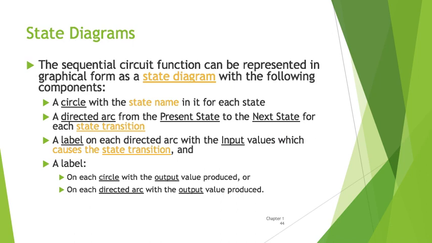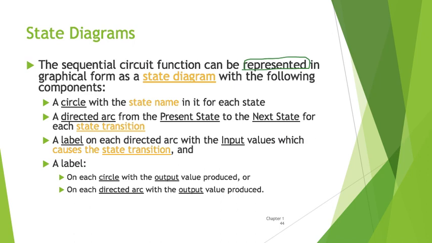Here it says the sequential circuit function can be represented in a graphical form as a state diagram with the following components. So, to visualize the sequential circuit, we have a state diagram.